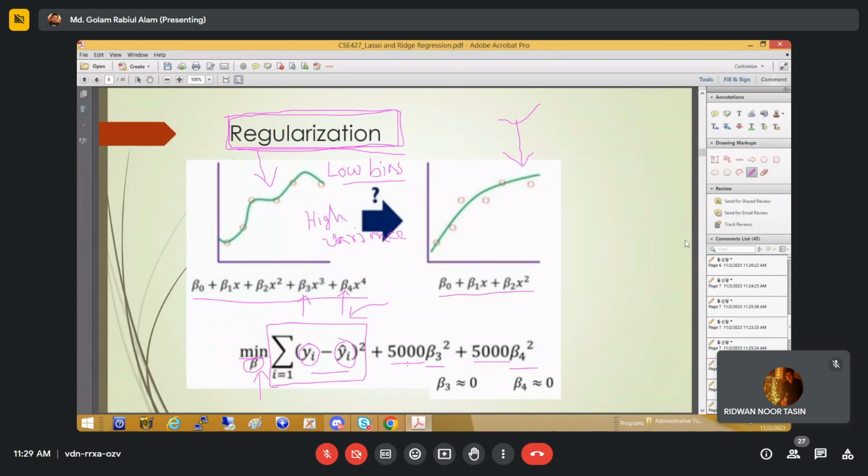That means even if we consider beta equal to just 1, this value will be 5,000 and this value will also be 5,000.